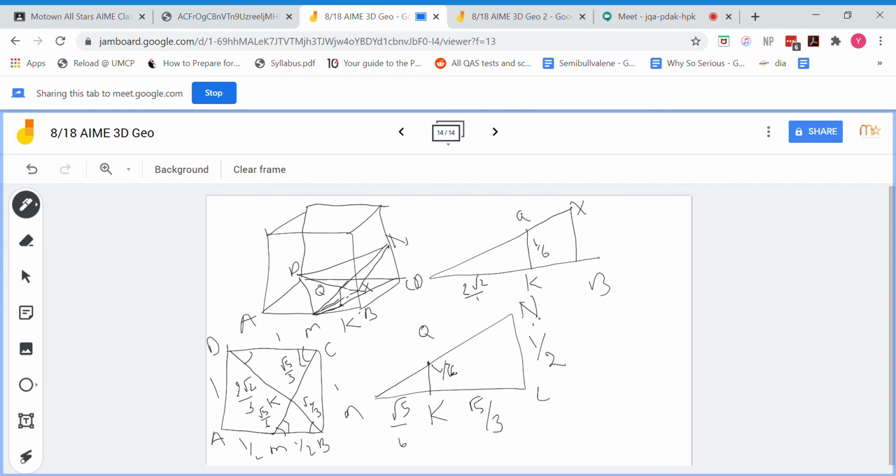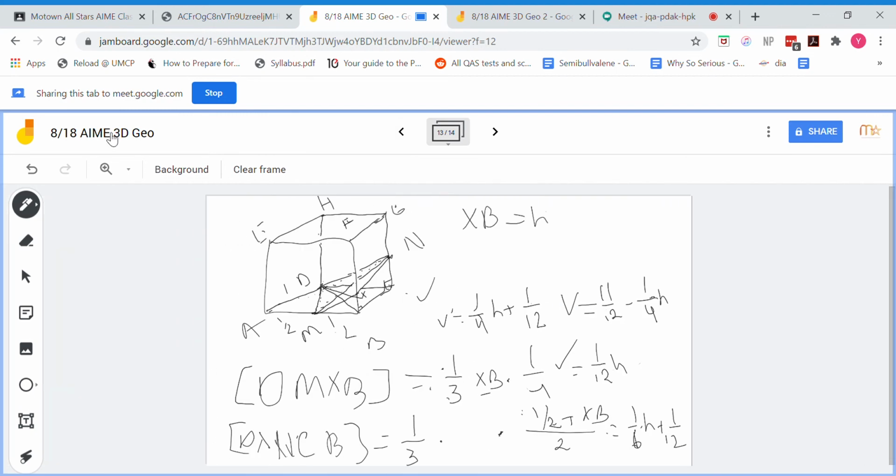We know DB is root 2 over 3. And so we can figure out now from similar triangles that XB is then 1 over 4. So we go back and plug it in here. We get V equals 11/12 minus 1/16. And we can compute that pretty easily.